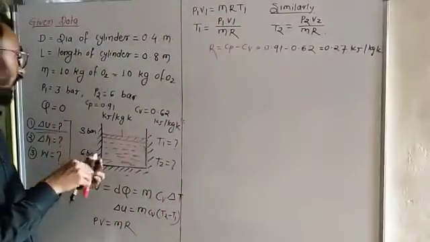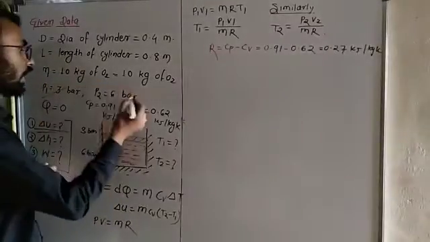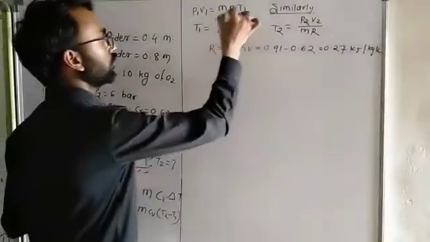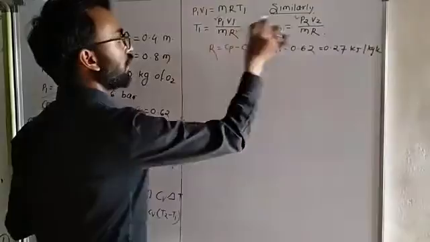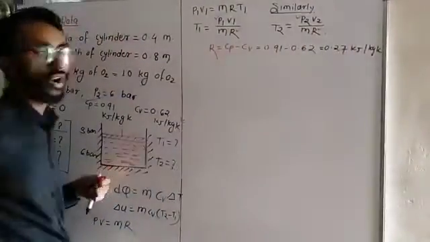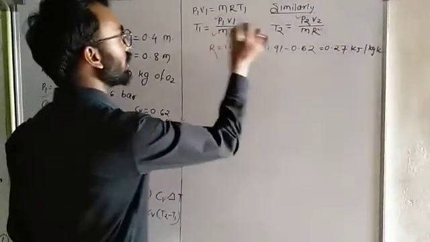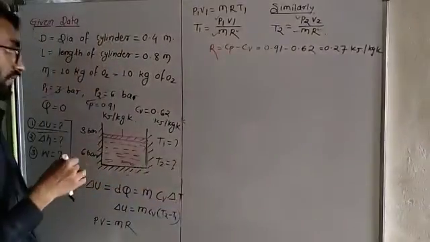Now we have the pressure at point 1 and point 2. These values are given, R we already calculated, and mass is also given in the question.